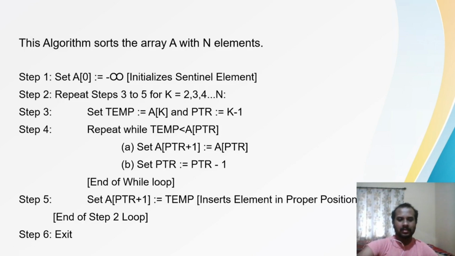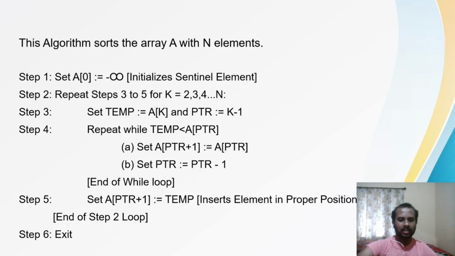Afterwards I am going to create one temporary variable where I am going to place the item that needs to be sorted out, and for the comparison purpose I am going to create one PTR, that is a pointer or counter that points to the sorted list.